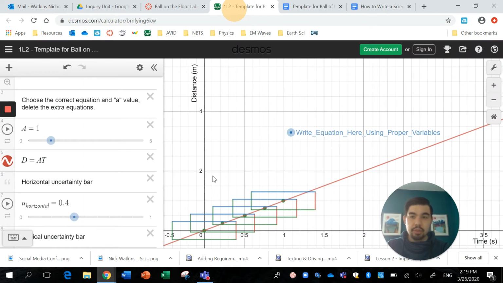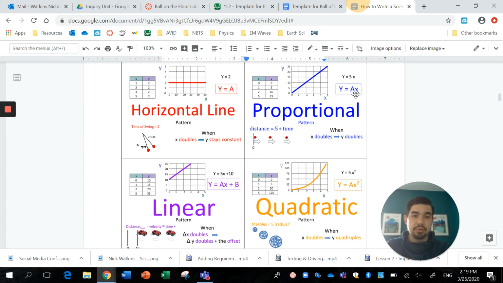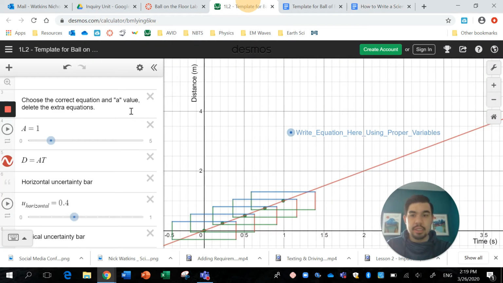Another way I know it's proportional is looking at the formula. We get D equals AT, which follows the same format as y equals AX. So two pieces of evidence: it looks like a proportional line, and it follows the same formula. In this case, the y is D for distance.